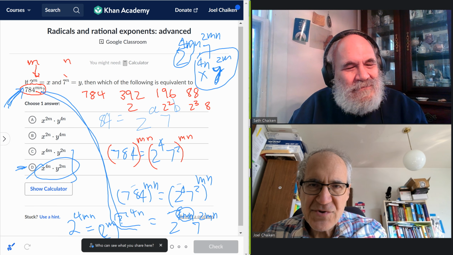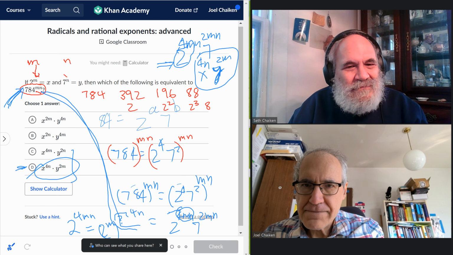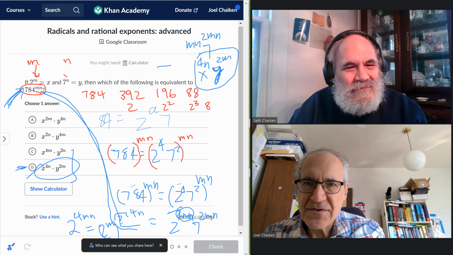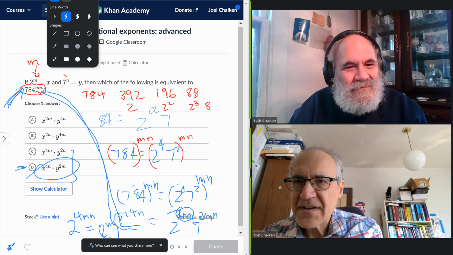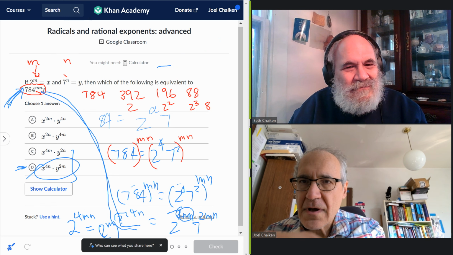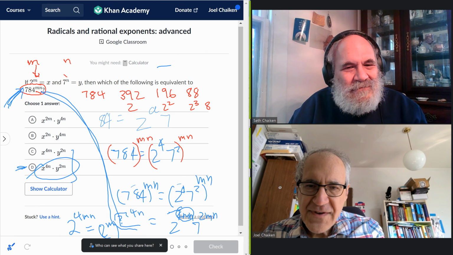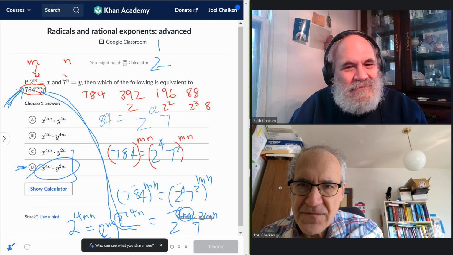I like the substitution here. I don't know, so maybe I'll rewrite it a little neater. Gee, I sort of think it's clearer. Substitution is great in algebra. Once you get to this point, it's 2 to the 4mn times 7 to the 2mn.